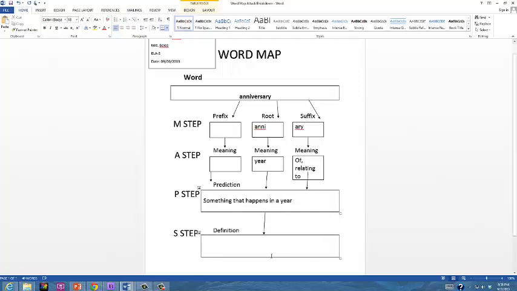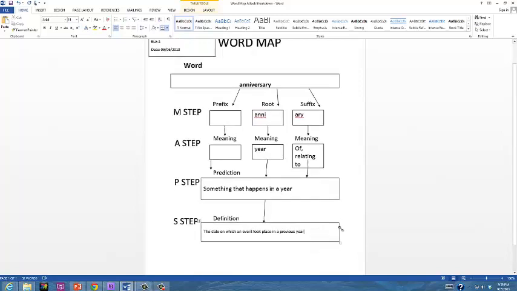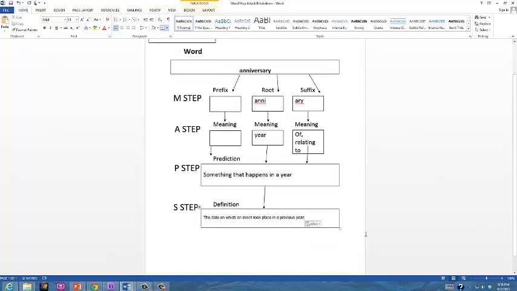Once you make your prediction definition, you will either need to look in a dictionary or dictionary.com to find the correct definition for you to write down in its place. I found that the definition means the date on which an event took place in the previous year.